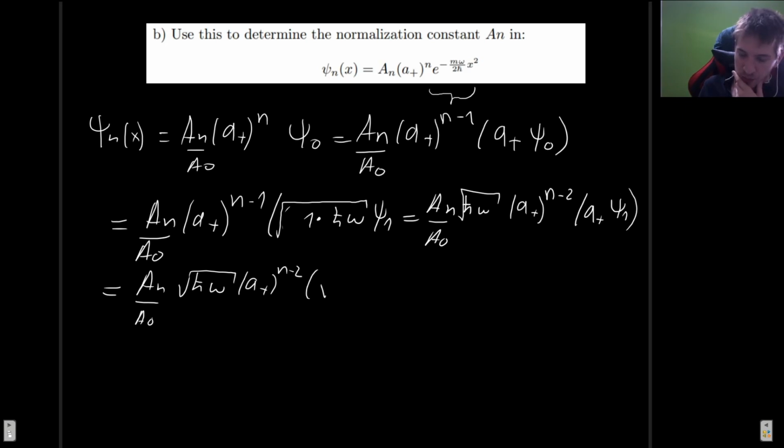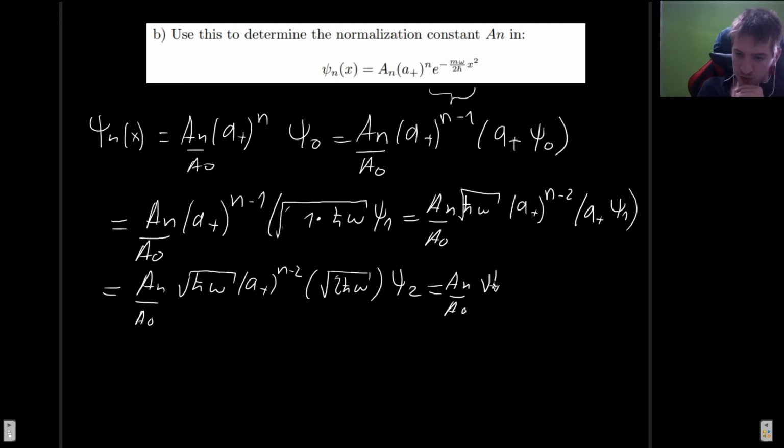Once again, we get the square root of n plus 1 times h bar omega times psi 2, because we applied the raising operator. So this n is now going to be 1. So this whole thing is just going to be the square root of 2 h bar omega acting on psi 2. So now we can once again do the same thing.